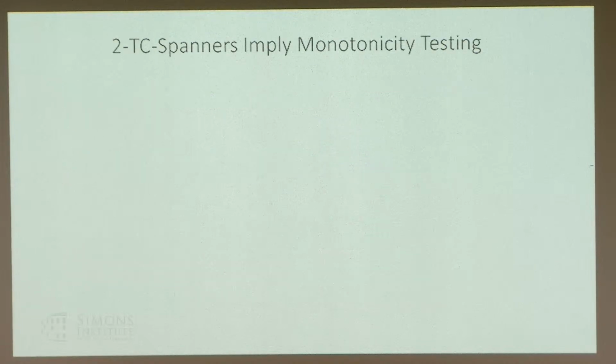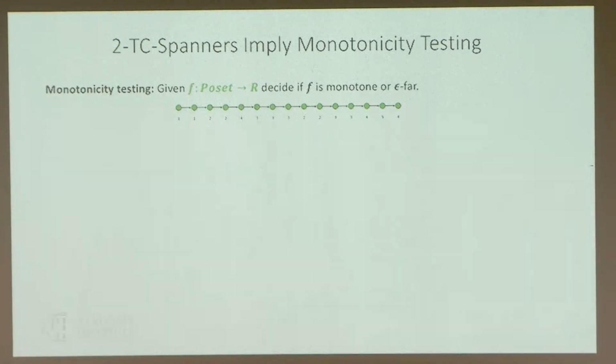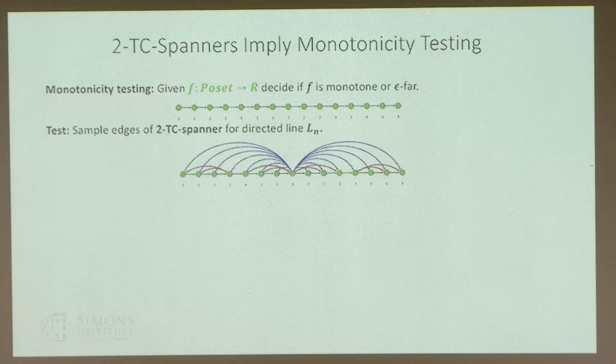And we started playing with posets and monotonicity testing, and somehow these transitive closure spanners kind of emerged as a general unifying framework for monotonicity on posets.